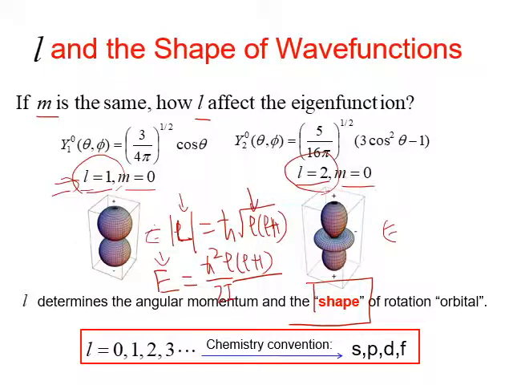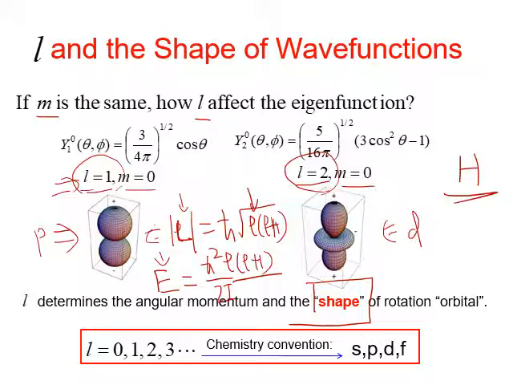Now you may find that the shapes of these 2 wave functions remind you of the atomic orbitals of the hydrogen atom. For example, the left side looks like a p orbital, and the right side looks like one of the d orbitals. Indeed, when we solve the Schrödinger equation for the hydrogen atom, the solution contains a wave function that resembles the rotation, the spherical harmonic.